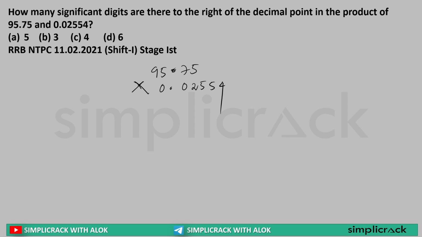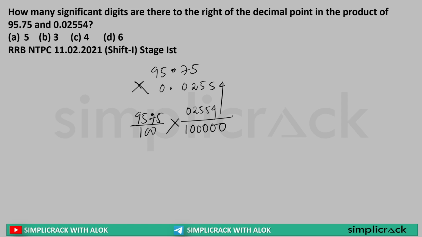Yes. Now understand this. This thing can be written as what? 95.75 can be written as 9575 divided by 100 multiplied by 2554 divided by, how many numbers after decimal? 1 2 3 4 5, so 1 followed by 5 zeros. Clear? Yes or no? Yes.